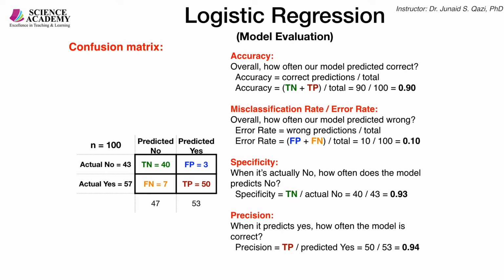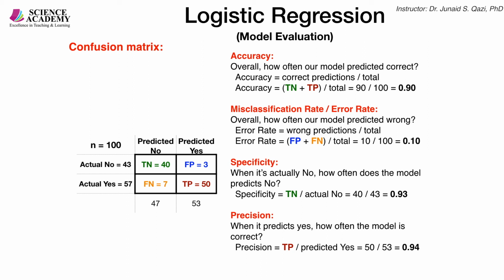Accuracy is how often our model predicts correctly, which is equal to the sum of true positive and true negative divided by the total number of observations. Misclassification or error rate defines how often our model predicted wrong, which is equal to false positive plus false negative divided by the total number of observations.